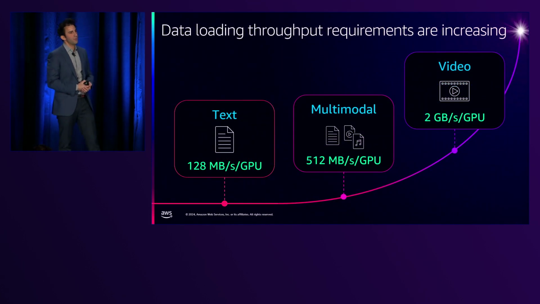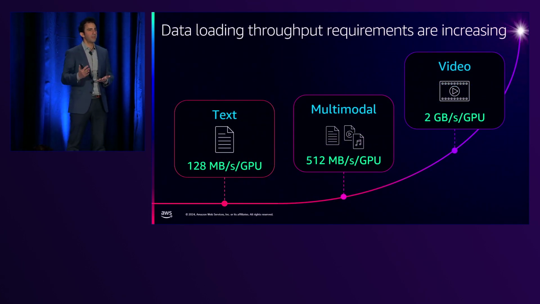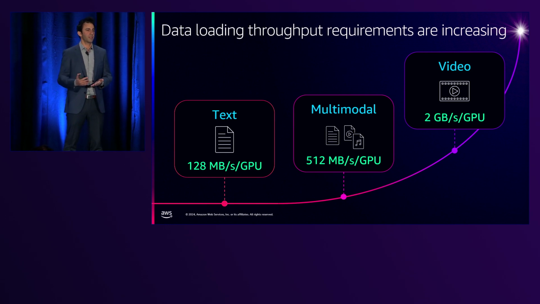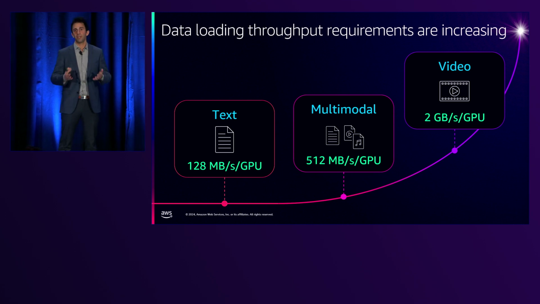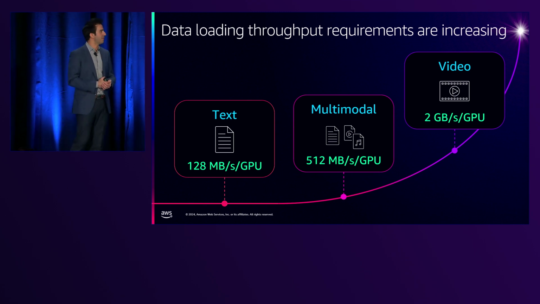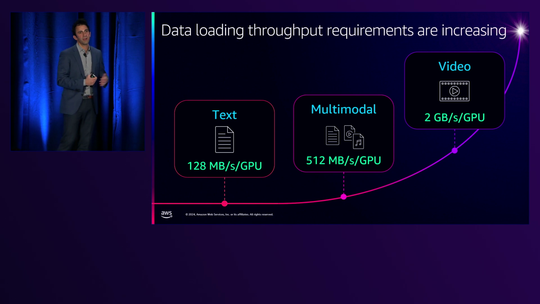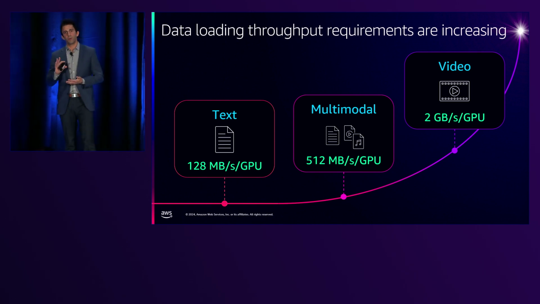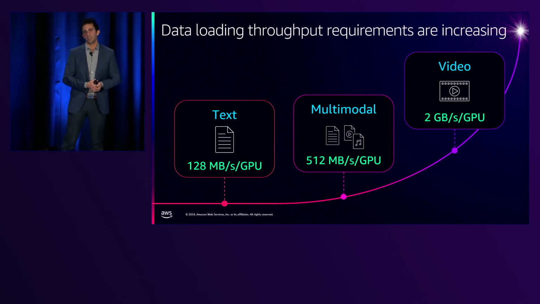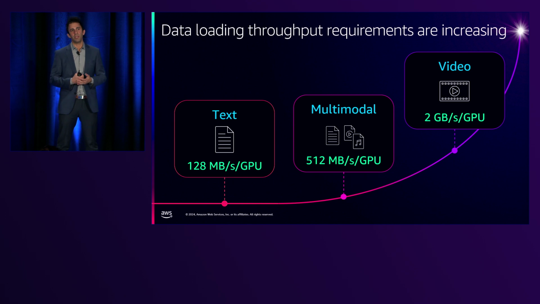One of them is that we've been seeing the training throughput requirements of our customers increasing over time. We've talked a lot about text-based models, which are really dominating a lot of the discussions here at re:Invent. Text-based models, what we see in general is that they require about 128 megabytes per second of throughput for each GPU that's being used to train the model.